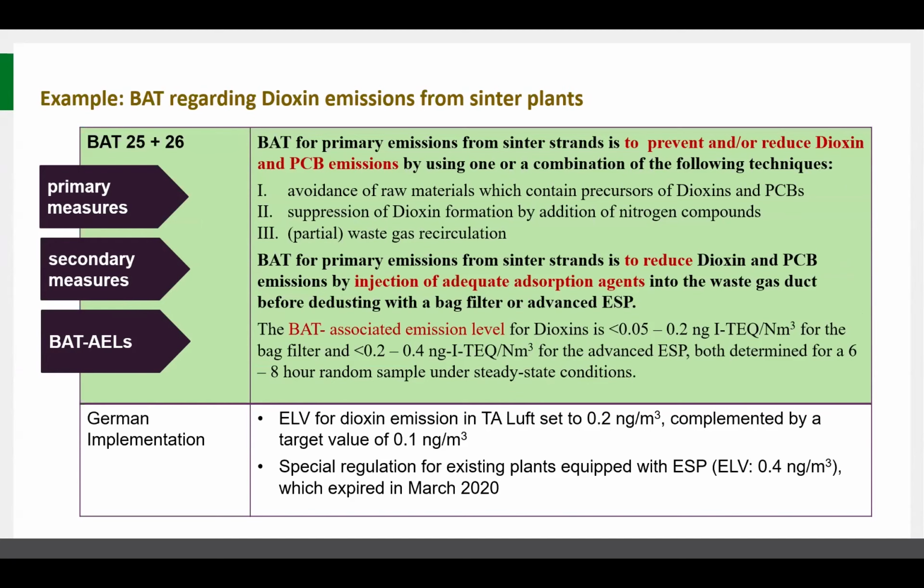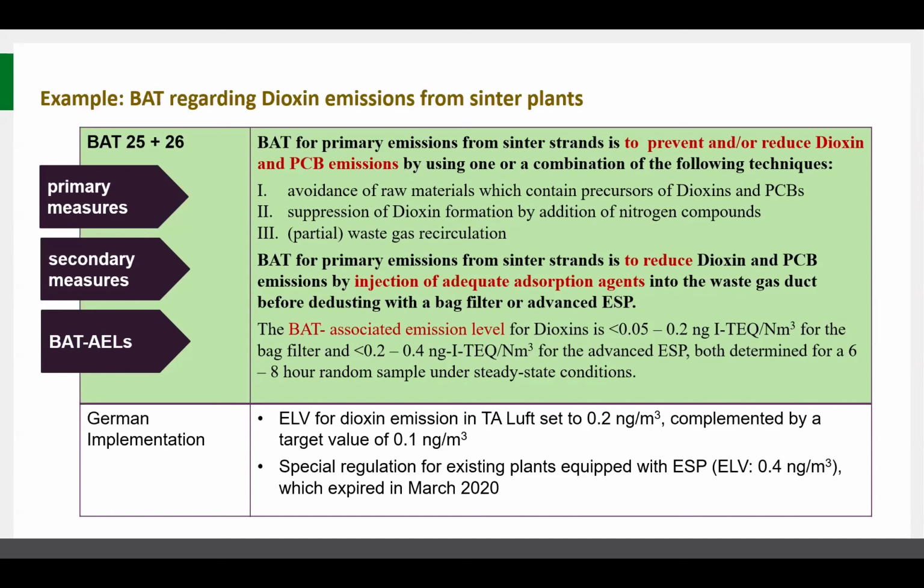Then the second point is the secondary measure, how to abate the dioxin emissions, in this case by injection of absorption agents, and then have a good dedusting system. And the third element is then the BAT-associated emission levels, in this case up to 0.2 nanograms for the bag filter and up to 0.4 for the advanced ESP, both determined for a 6 to 8 hour random sample under steady state conditions.